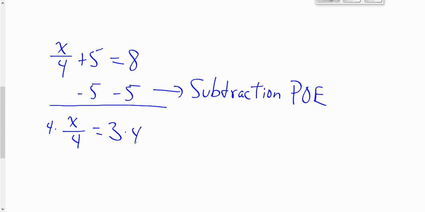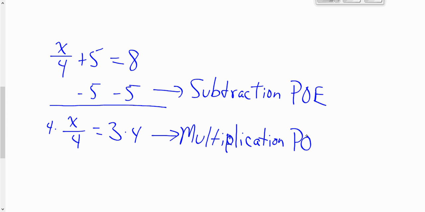So what would we call this? Multiplication. I can't spell too good. Okay? And of course, the 4's cancel, and you end up with x equals 12, right?